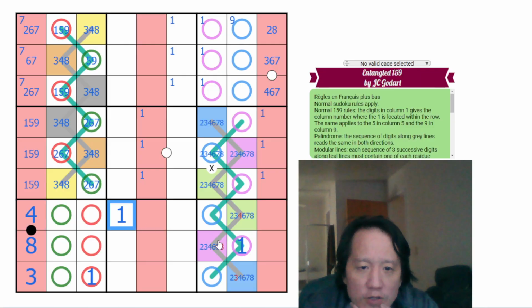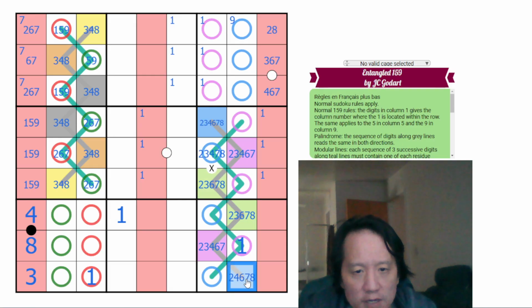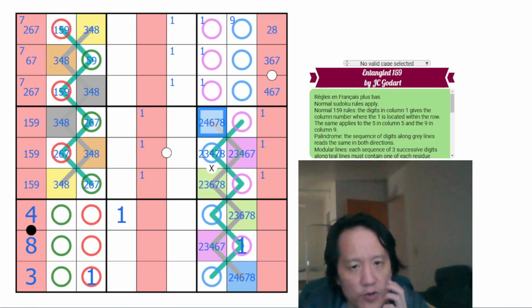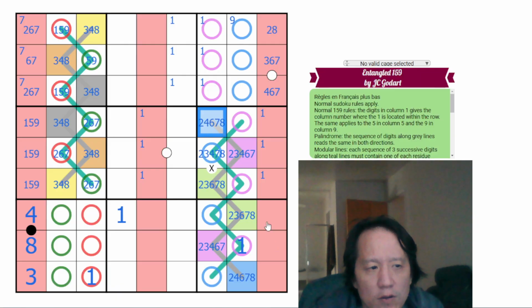So we got the 4, that's 1. Okay, so this cannot be 8, so that can't be 8. This cannot be 4, so this can't be 4, and that means that can't be 6 because they have to add up to 10. This can't be 3, so this can't be 3.